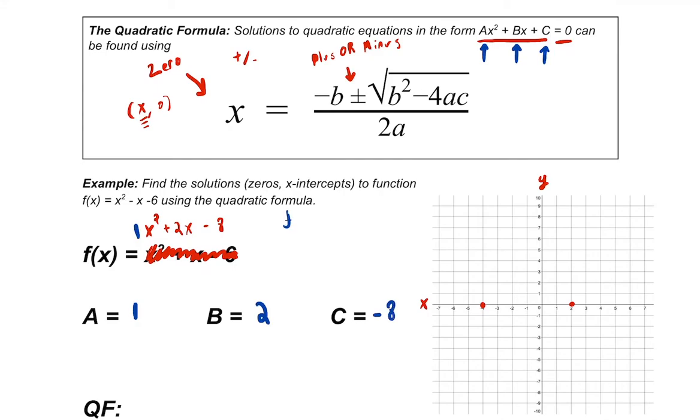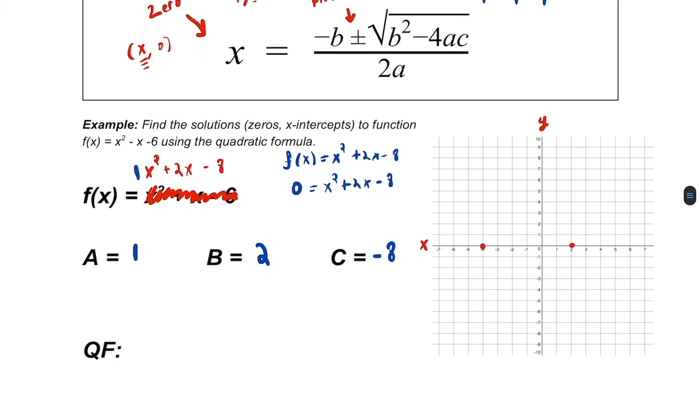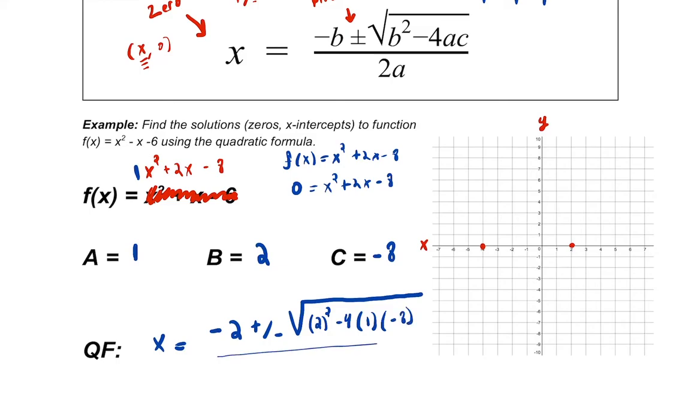And so again, if we have f of x equals x squared plus 2x minus 8, and I want to know when does 0 equal x squared plus 2x minus 8, I can apply the quadratic formula. What it says is these zeros, x, are equal to -b, so -2, plus or minus the square root of b squared, 2 squared, minus 4 times a, which is 1, times c, which is -8, all over 2 times a.